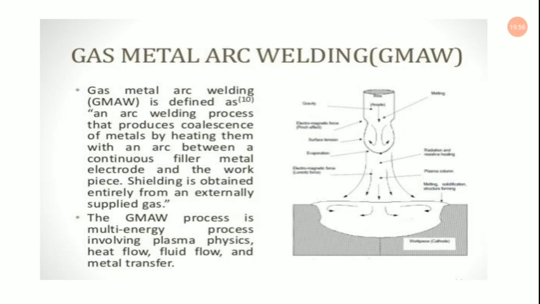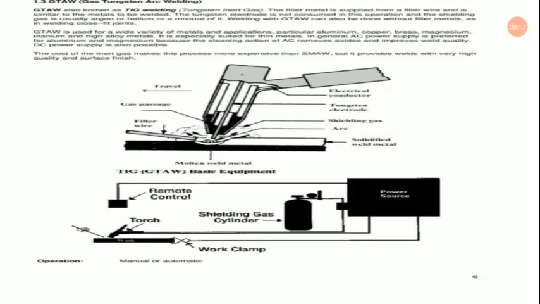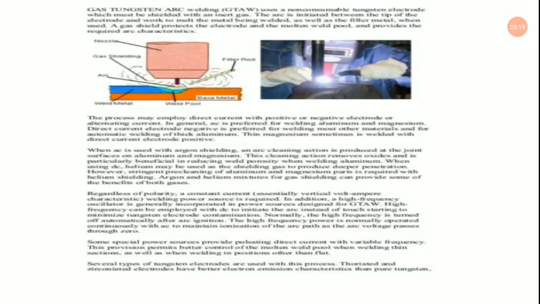First we have learned the shielded metal arc welding, or the manual metal arc welding, MMA also, or simply stick welding. Then we have learned the MIG welding, that is the gas metal arc welding. Then we have learned the TIG welding, that is the gas tungsten arc welding. And today we have learned about FCAW, that is the flux core arc welding process.